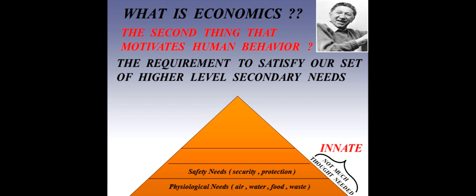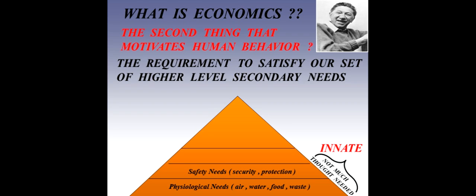Now, what Maslow did is he took these first two categories of needs, the fundamental needs, safety and physiological, and grouped them together. And he put a label on them using the word innate, and that's closely related to, if you will, the word natural. And what he meant by this is that we don't spend too much time putting too much thought into getting these physiological and safety needs satisfied, particularly so in an advanced or modern society like we have here in the United States.